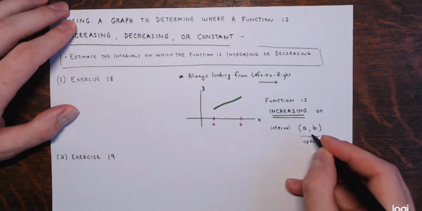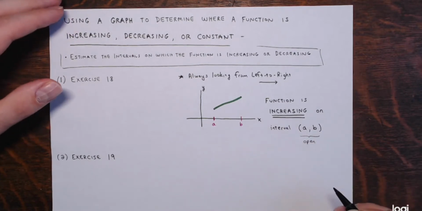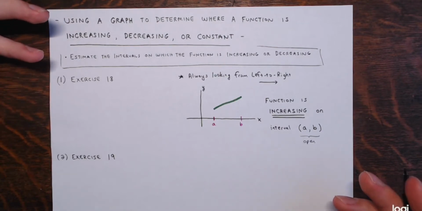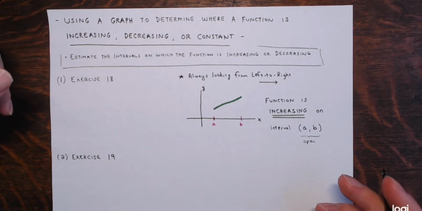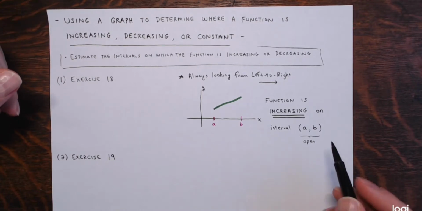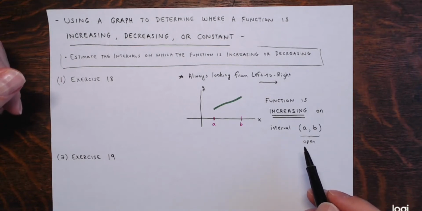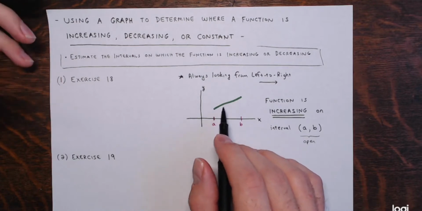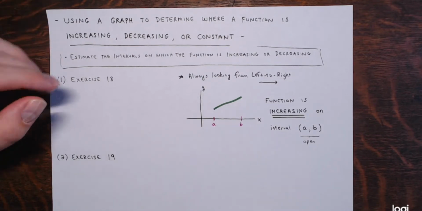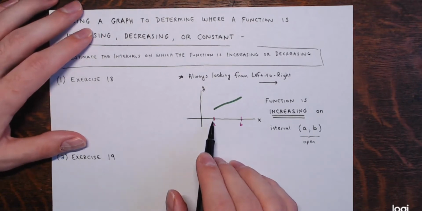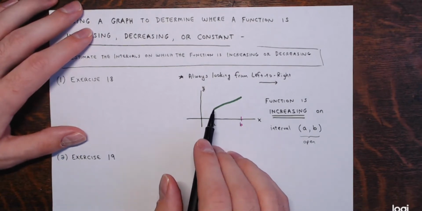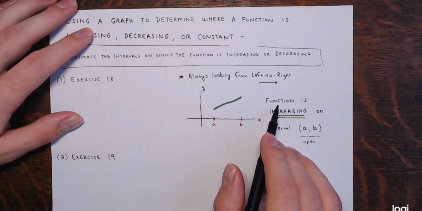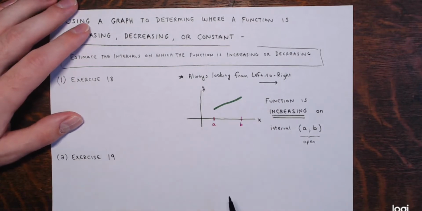Both ends have parentheses, and this is the way it should be when you state an interval over which a function is increasing, decreasing, or constant. Don't include the ends because it's only going up in between a and b. It's not going up at a particular endpoint. So as I increase the inputs, the graph is going up, meaning the outputs are increasing, and the outputs are the value of the function over this interval. Okay, so that's one.